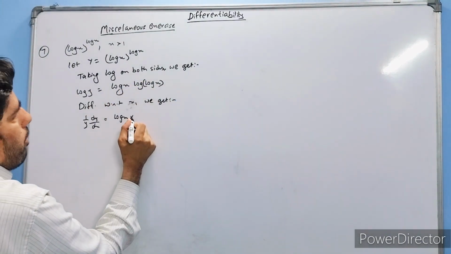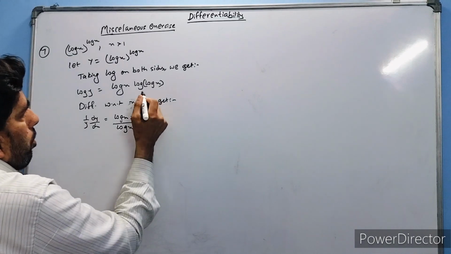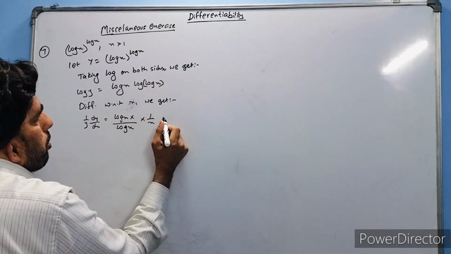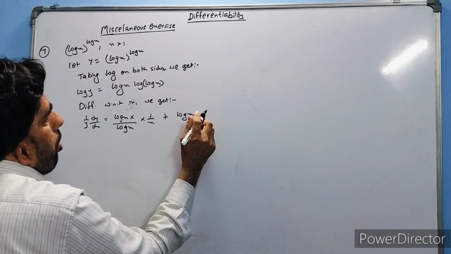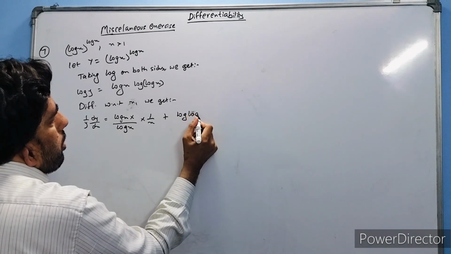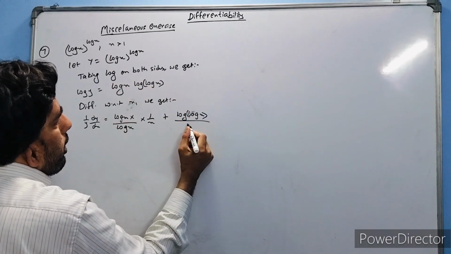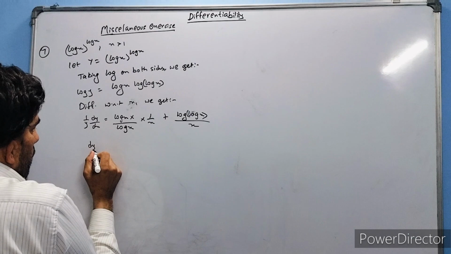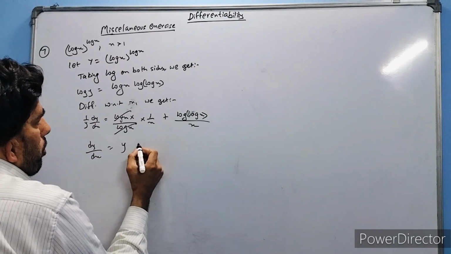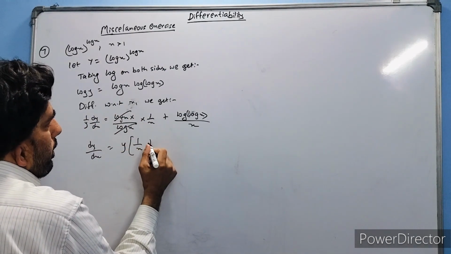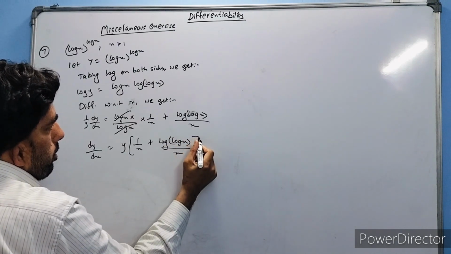Differentiation of log x will be 1 upon x, so we have 1 upon log x into 1 upon x, plus we leave log x as it is, log of log x into differentiation of log x, which is 1 upon x. So dy upon dx is equal to y, taking y that side, times 1 upon x plus log of log x upon x.